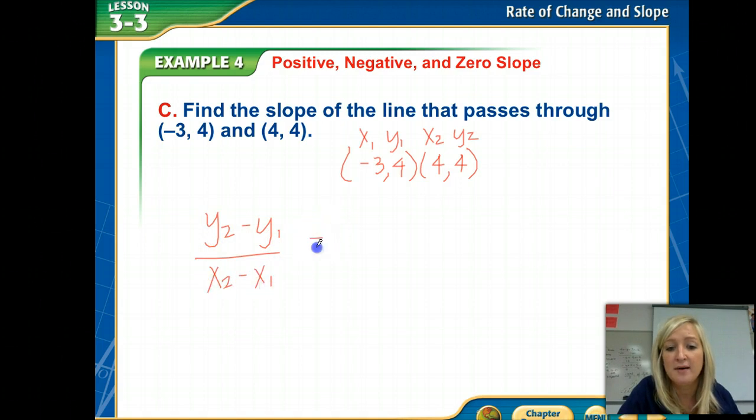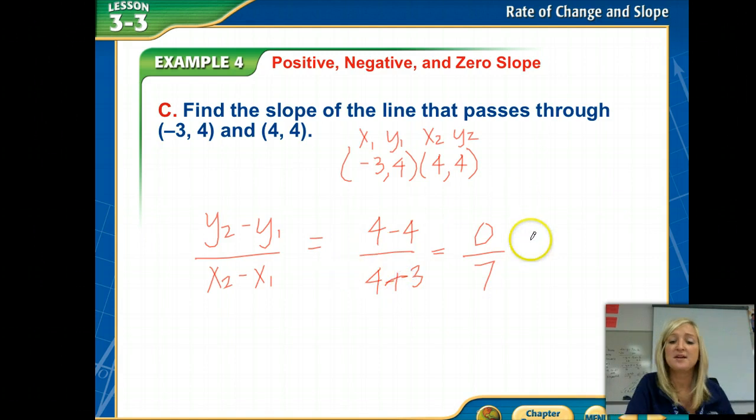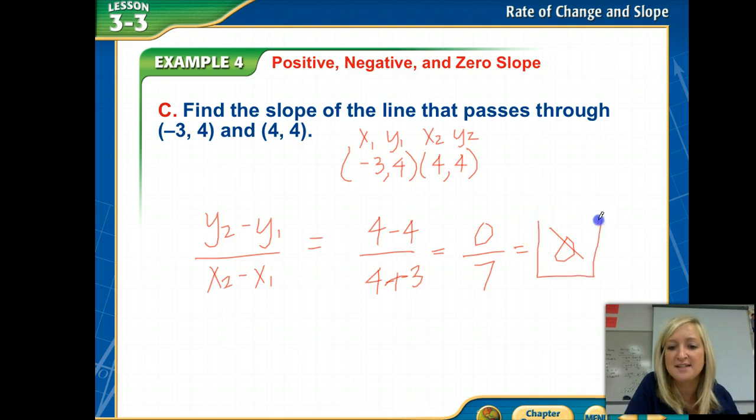For this one, 4 minus 4 is over 4 minus a -3. So my answer for this one is 0 over 7 because 2 negatives make a positive here. Well, 0 divided by anything is 0. So your answer is not really 0 over 7. Your slope is 0.